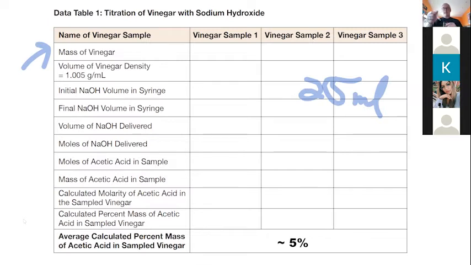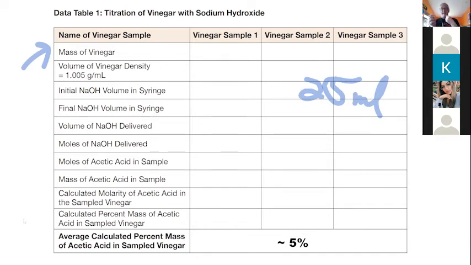Because if it's not mixed completely, in some small part of the solution there'll be more OH minus from your hydroxide. And the phenolphthalein in that little part will turn pink. And then the minute you swirl it around, it will mix and the pH will go back down again.